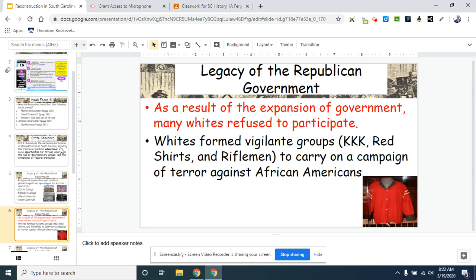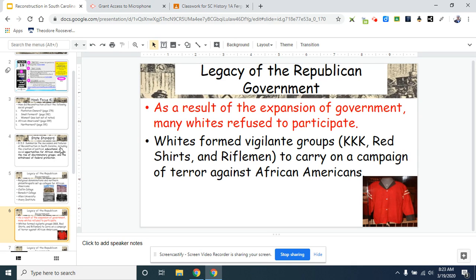But these vigilante groups would dole out, or another simplified word for dole is to hand out or execute justice on people, even though they really weren't executing justice. But they were trying to carry on a campaign of terror against African Americans.